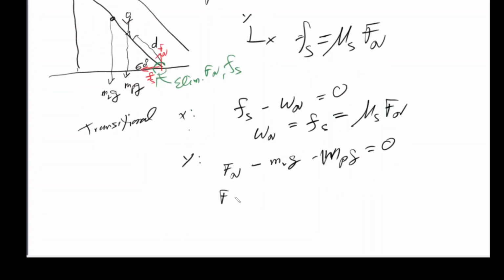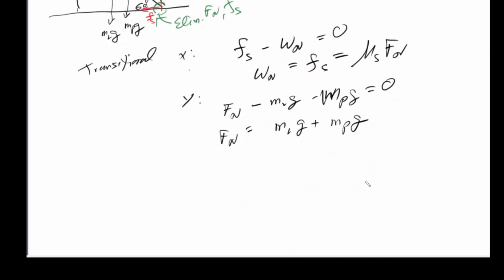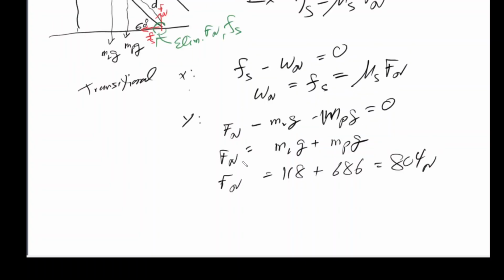Or we get the normal force is equal to mlg plus mpg. And if we substitute the values in that we know, that is equal to 118 plus 686, which is equal to 804 newtons. That's our normal force of the floor pushing on the ladder.